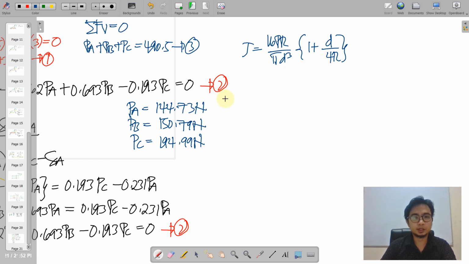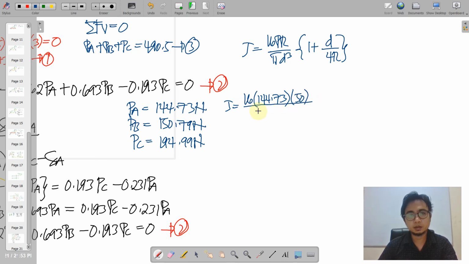So for the tau of PA, we have 16 times 144.73 times the mean radius 50, all over pi, wire diameter is 10.